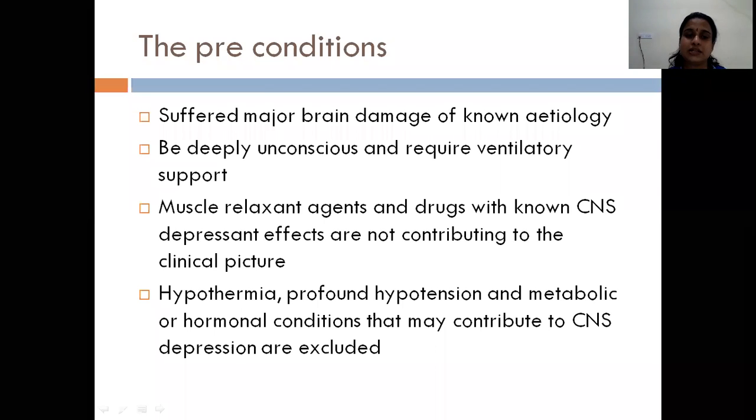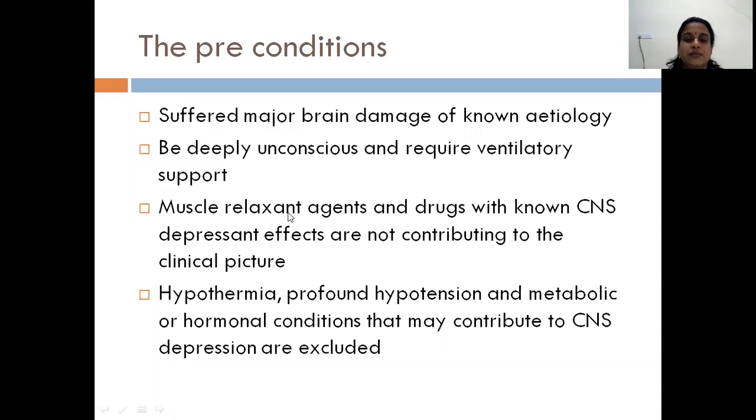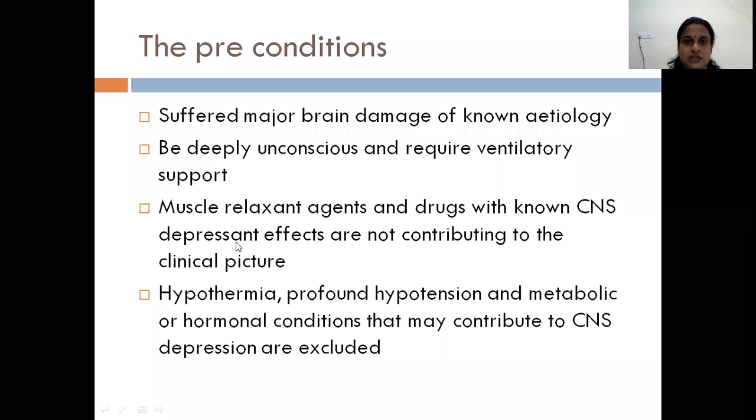So what are the preconditions? He should have suffered major brain damage of some known etiology, and the patient is deeply unconscious and definitely requires ventilatory support; without that support he is definitely dead. You should also rule out the action of muscle relaxing agents or drugs with CNS depression.